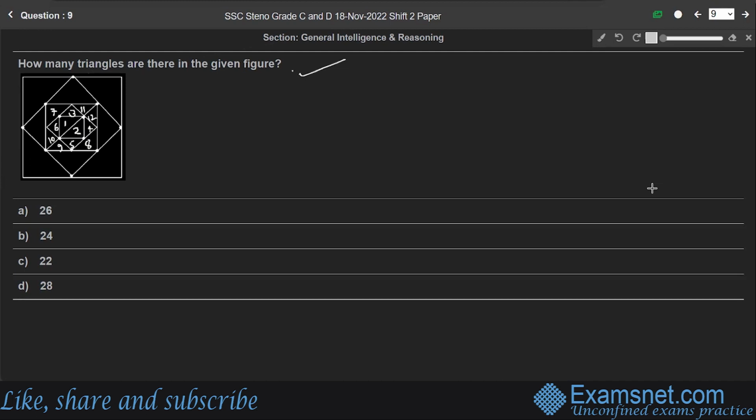Then 13, 14, 15, 16, 17, 18, 19, 20 individual triangles. Individual triangles are 20.